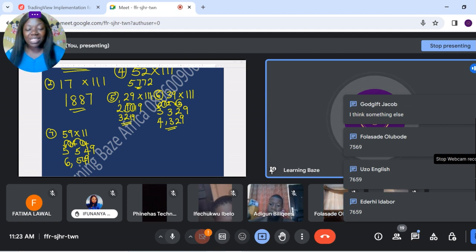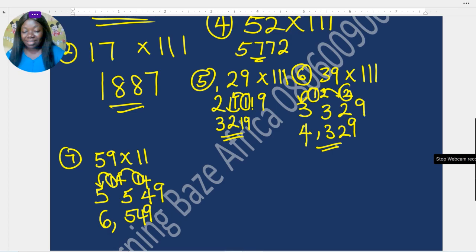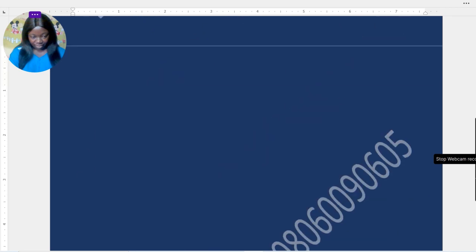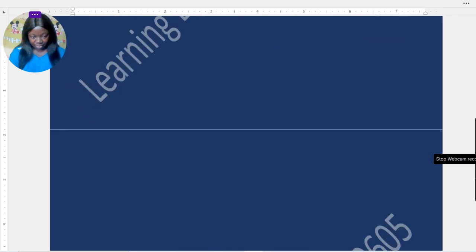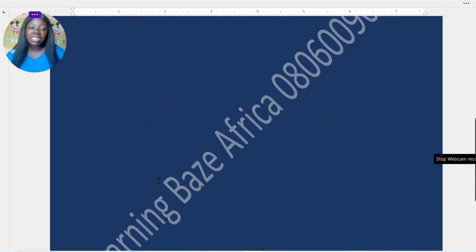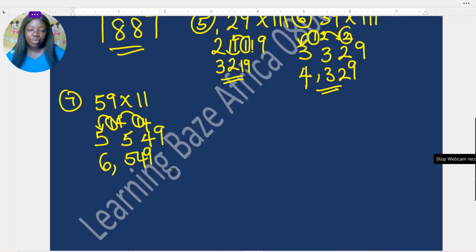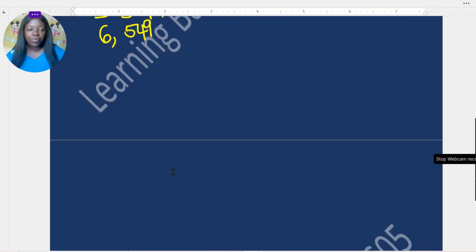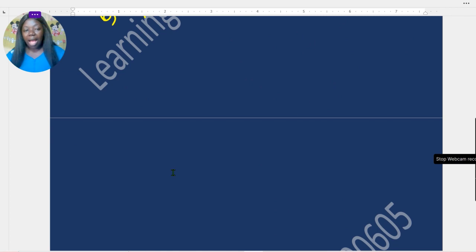All right, so now let's move to the next mental math. Let's learn how to divide by 5. But you always have to be reminded so you don't forget totally how to divide any number by 5.